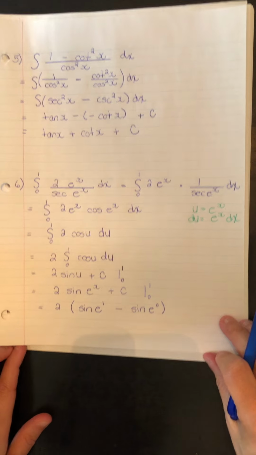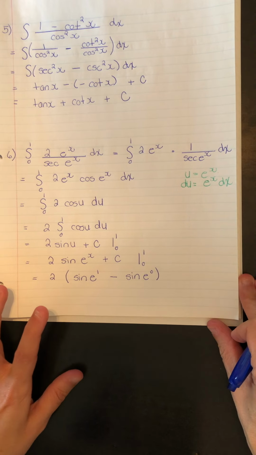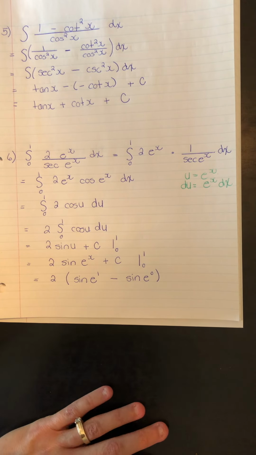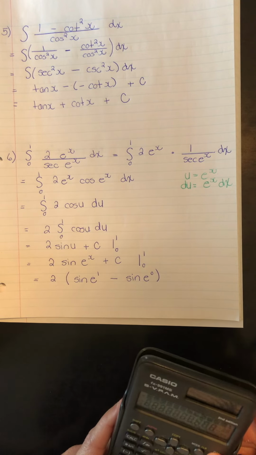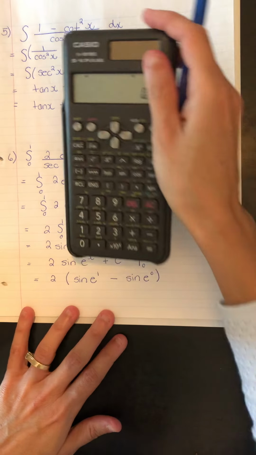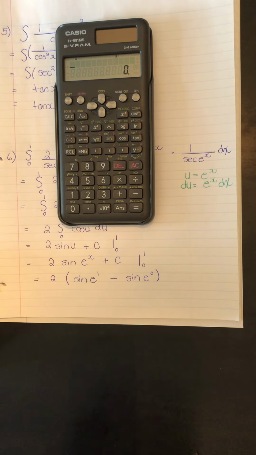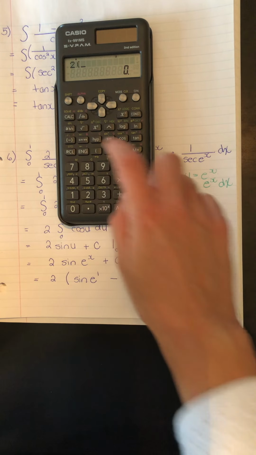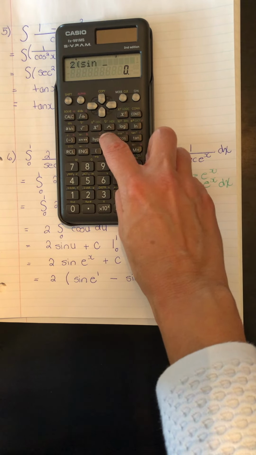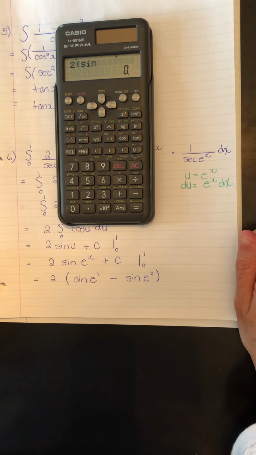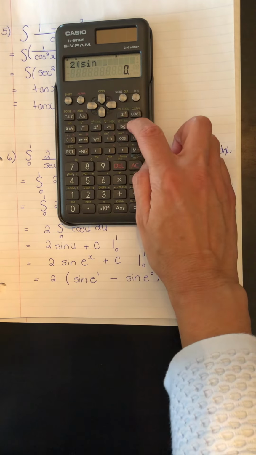Now, again, a little bit of calculator gymnastics to get our answer. You could do it all completely in one step. Follow along in the display. So 2 bracket sine. Now to get e, we have to do shift ln.